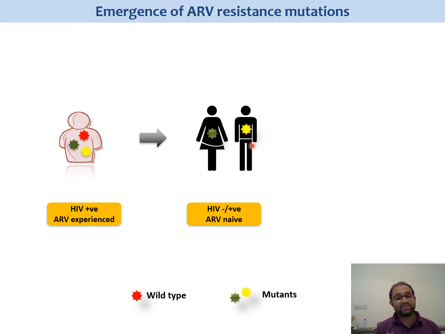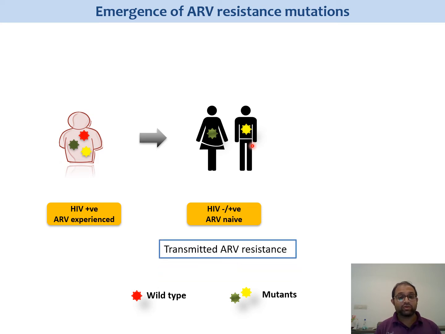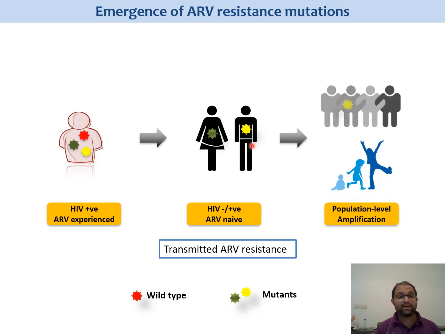So if these mutations are selected and further transmission goes on, these become transmitted resistance mutations and then can be observed at different population levels, right? And this is not a hypothetical situation. This is also observed in many cases. We have sequences in Pakistan where certain drug resistance mutations are observed at population level.